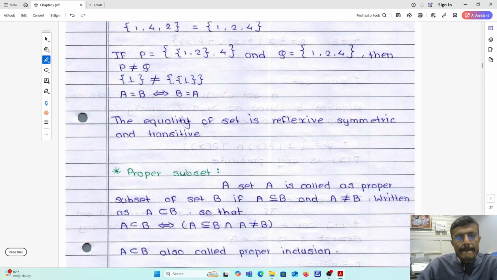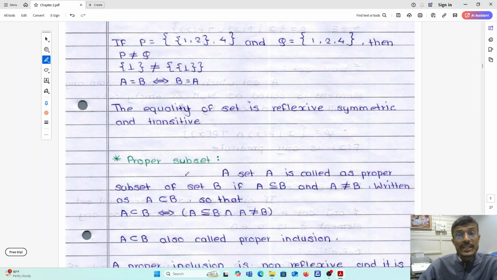Then what is meant by proper subset? So basically, what is the difference between subset and proper subset? In the case of subset, there was no restriction with respect to the number of elements in the superset and the number of elements in the subset. There was no restriction. But in the case of proper subset, what is the terminology?